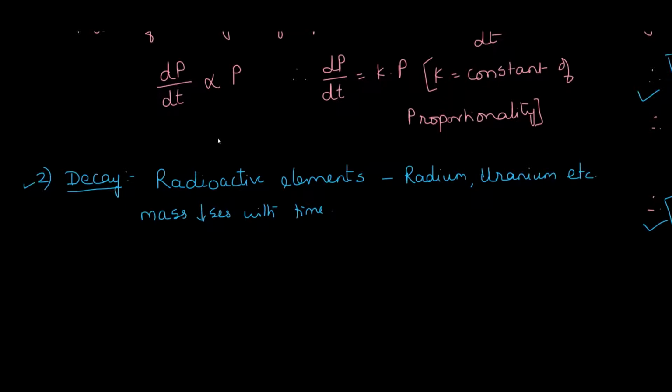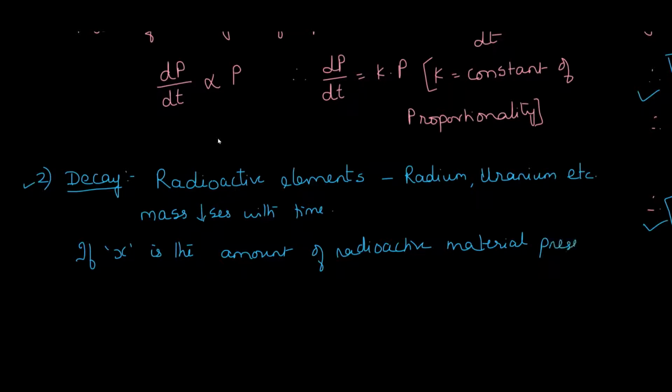That means in mathematical terms, if x is the amount of radioactive material present at time t, then just like the previous case of growth, we can say that dx upon dt, the rate of disintegration, is proportional to the amount present.